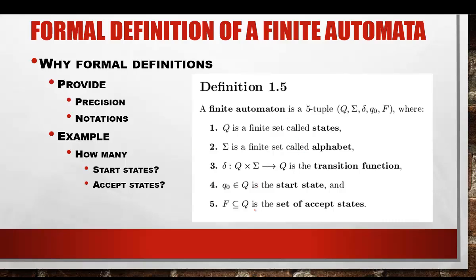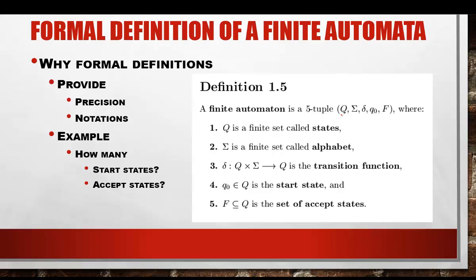Q sub 0 is an element from the set of states that we call the start state, and the big F is a subset, which could also be equal to the entire set of states, and is called the set of accept states.